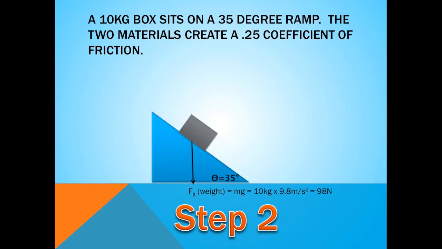We can calculate right away our standard measurement for weight, or the force of gravity, by taking the mass that we know, the 10 kilograms, and multiplying it by gravity at 9.8 meters per second squared. Because we are moving the X and Y axes to be 35 degrees to make it easier, we're not going to worry about a negative.